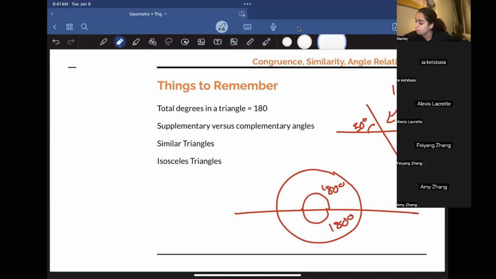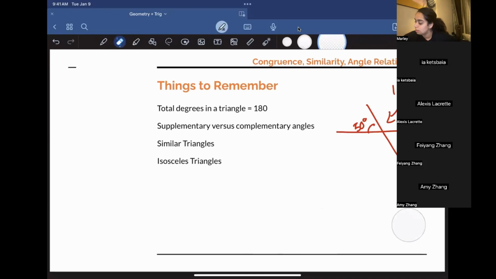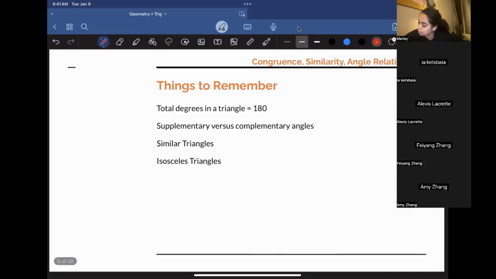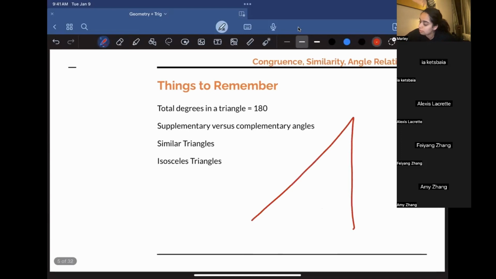We also have similar triangles. So that could be something like this. And we're told this is parallel. It could be a right triangle. It could be any kind of normal angle triangle, but they might share an angle. And that means that this angle, those two are equal because of the parallel lines.